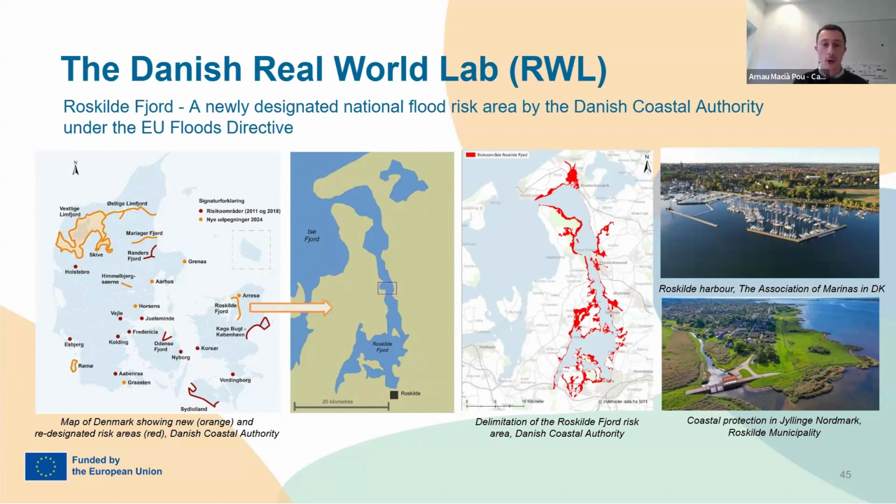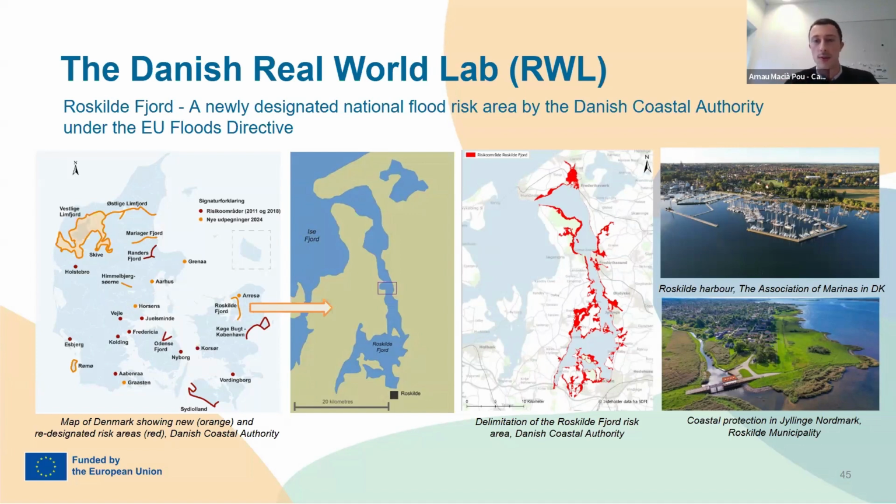And if you follow with me one map to the right, there is a map which was provided by the Danish Coastal Authority, where they have mapped in red the areas along Roskilde Fjord that are at risk of coastal flooding. And if now you're a little bit curious about how the Roskilde Fjord looks beyond the maps, I also inserted a couple of pictures.